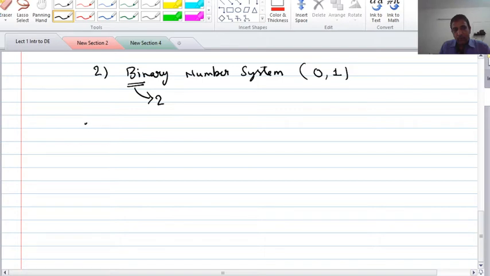Suppose we want to convert a number 123 with base 10 into its equivalent number with base 2. So how can we do this?